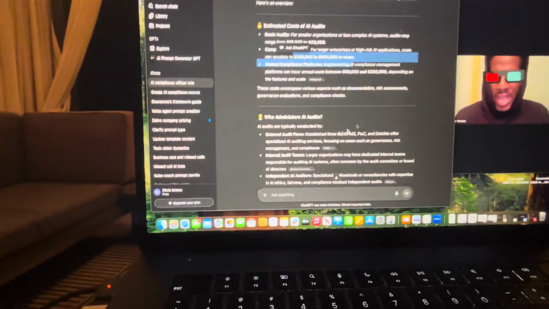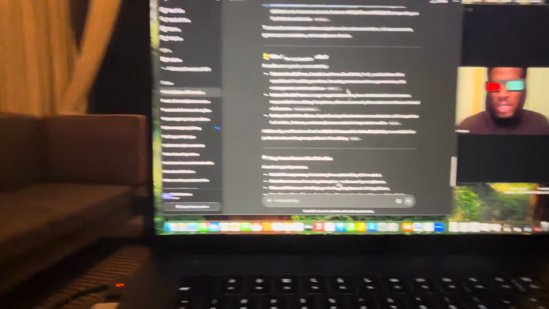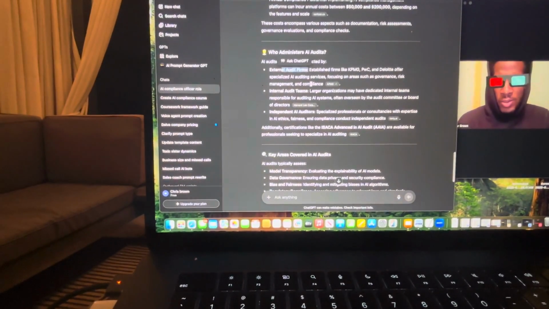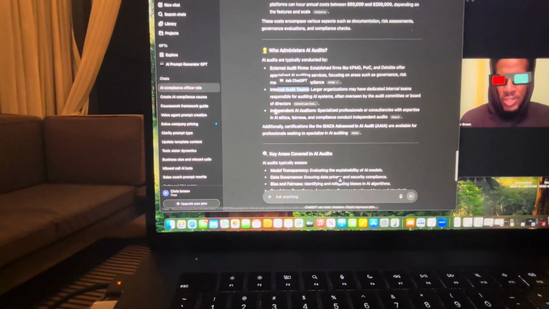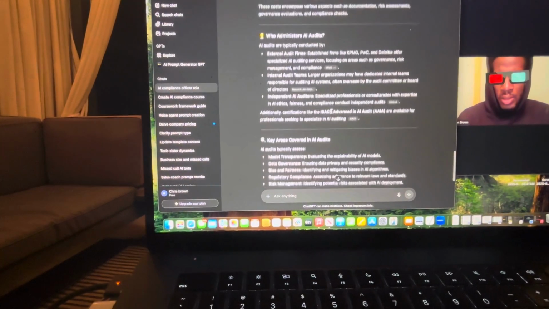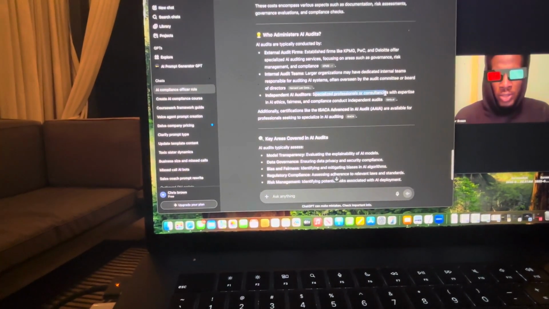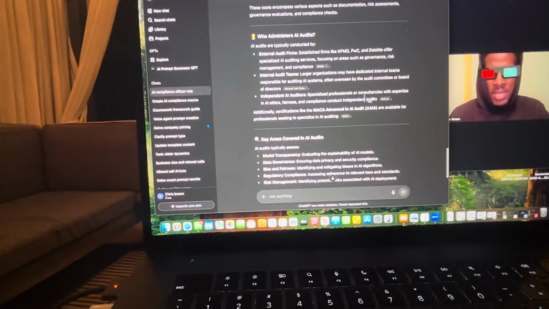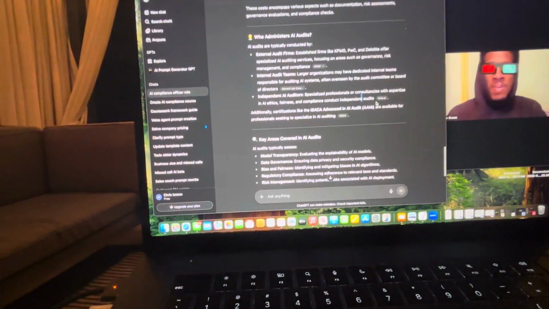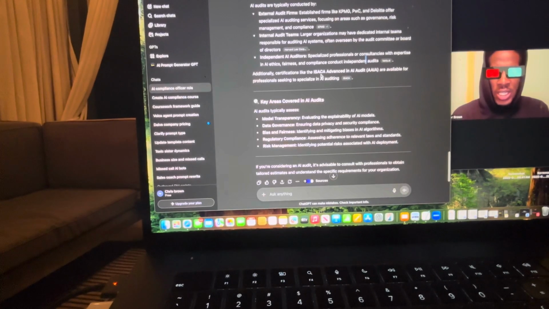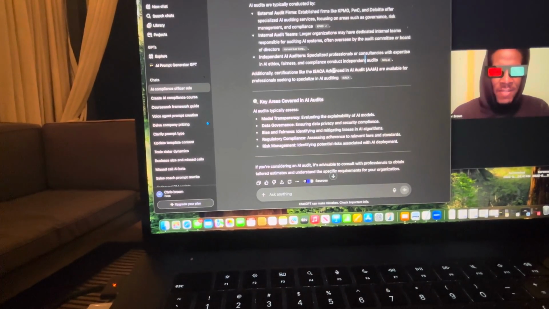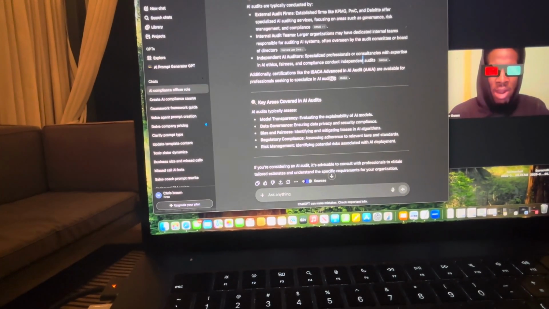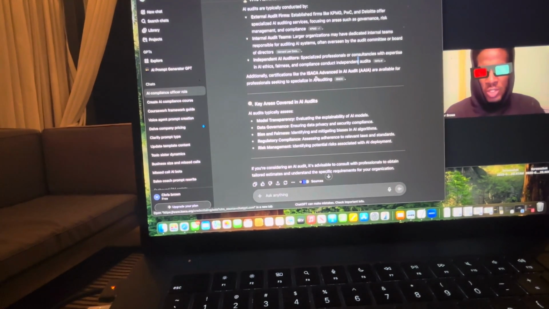who administers AI audits? AI audits are typically conducted by external audit firms, internal audit teams, independent AI auditors, or specialized professionals or consultancies with expertise in AI ethics, fairness, and compliance. Additionally, certifications like the ISACA Advanced in AI Audit, AAIA, are available for professionals seeking to specialize in AI auditing.